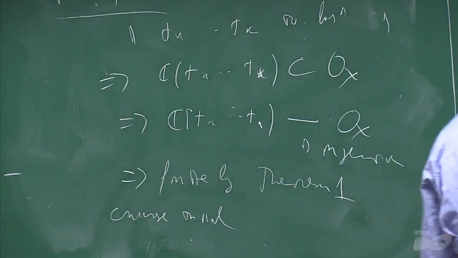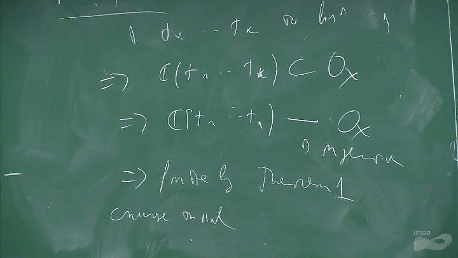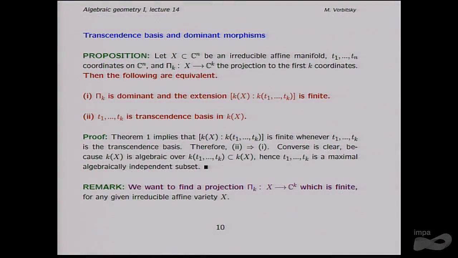So this is why we are doing what we are doing. We are trying to build finite maps which are projections. And this is a version, the simplest version, of the Noether lemma. It just says that every algebraic variety admits a finite projection to Cn.